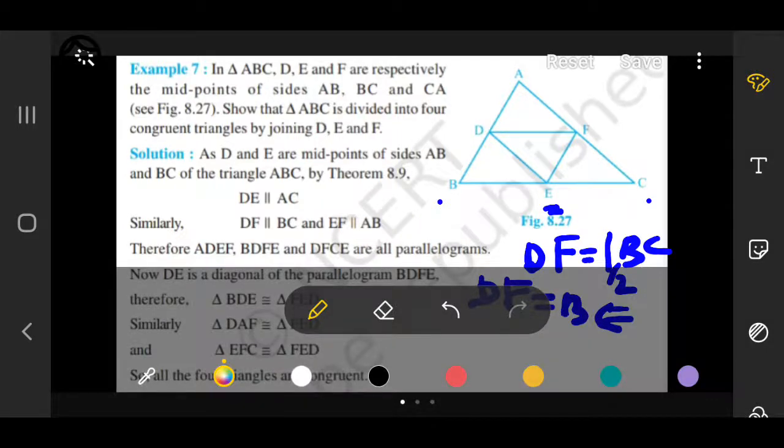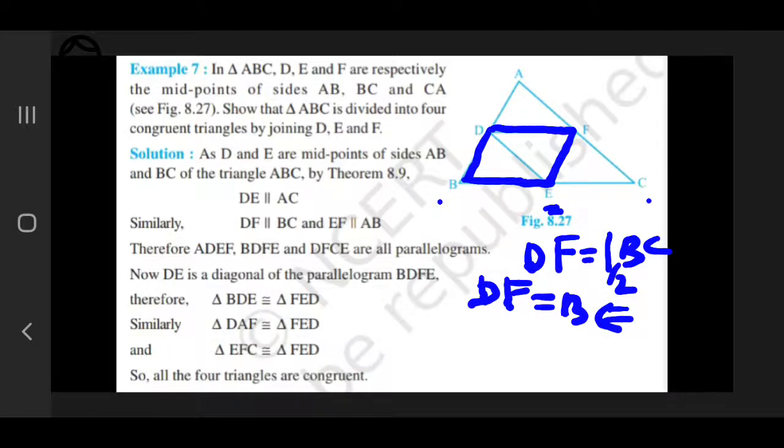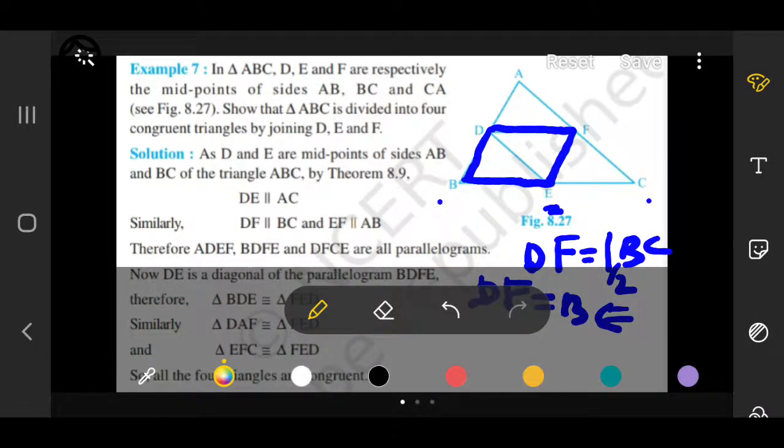DF is equal to BE and DF is parallel to BE. That is, in the quadrilateral DFEB, one pair of sides is parallel and equal. So DFEB is a parallelogram and DE is its diagonal.